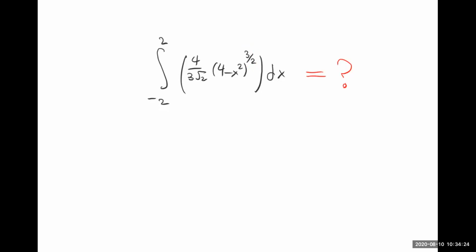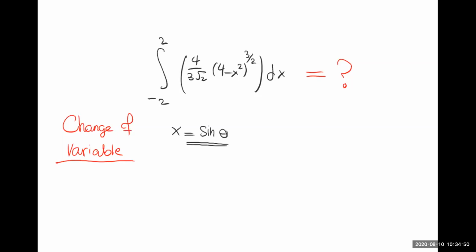So a good idea for this thing is to change a variable. It's a little bit exhausting integral. It takes a lot of energy. So if we let x be, let me think, if we let x be sine of theta, this is the change of variable we should do, or maybe 2 sine of theta.